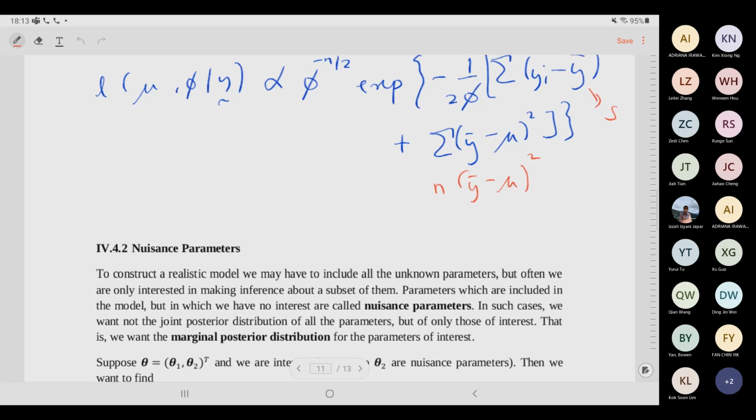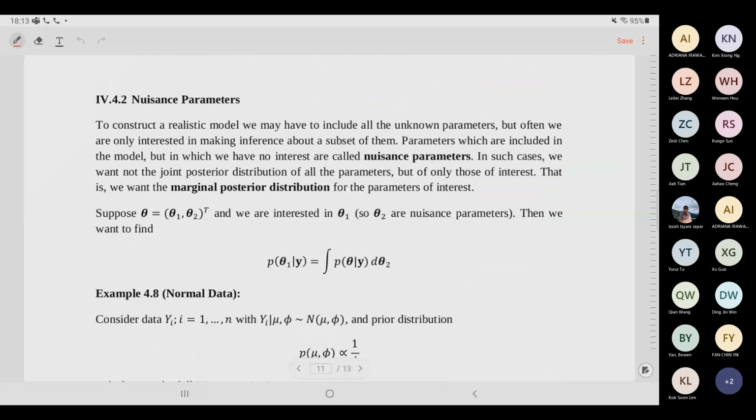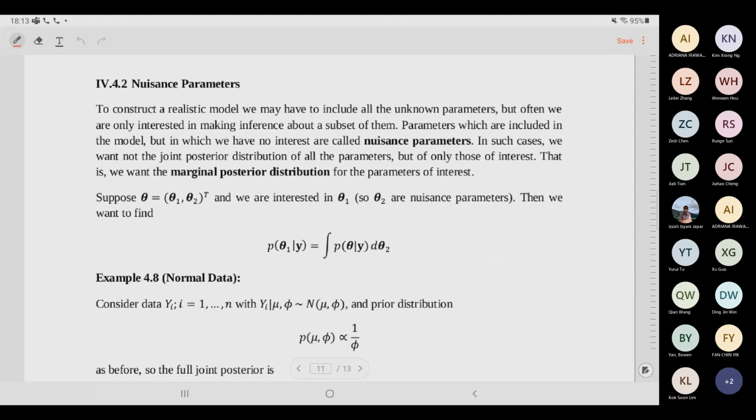Okay, so one thing to note, right? If we have more than one parameter, sometimes you are only interested in a subset or one of them, right? So we can include just a subset of the parameters and not all of them.